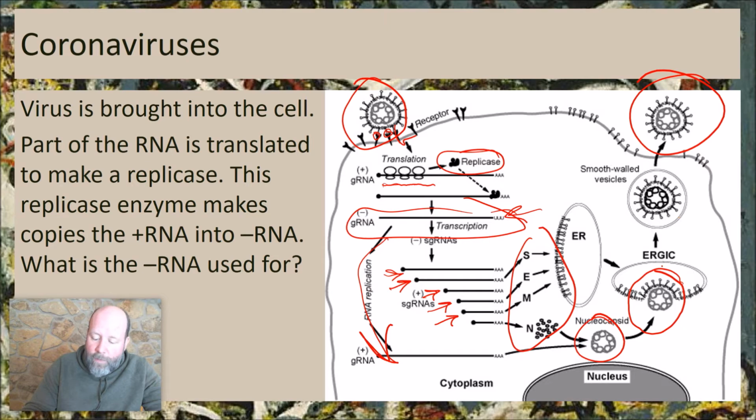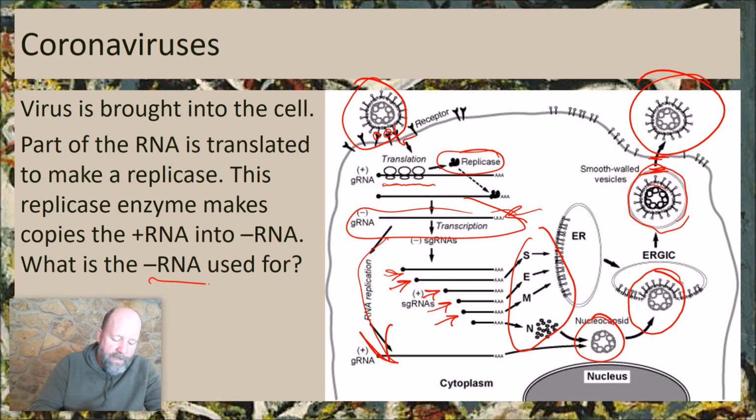And then when it buds off of the ER, it's going to be in a smooth vesicle without the spikes. But then this smooth vesicle is going to fuse with the outside membrane of the cell and dump the full completed virus with its envelope out of the cell. So it's a little bit different because it actually doesn't grab this section from the membrane of the cell. It grabs it from the membrane of the ER, which is interesting.